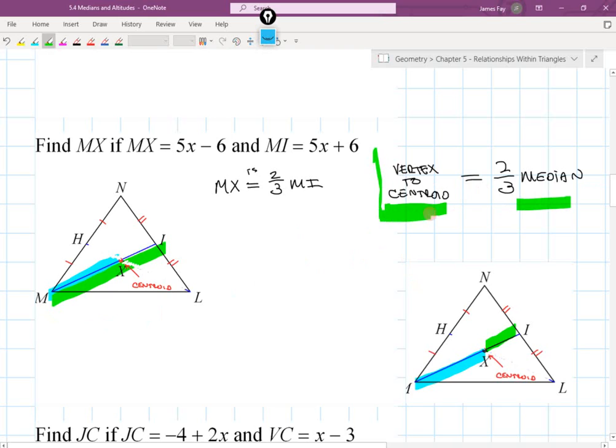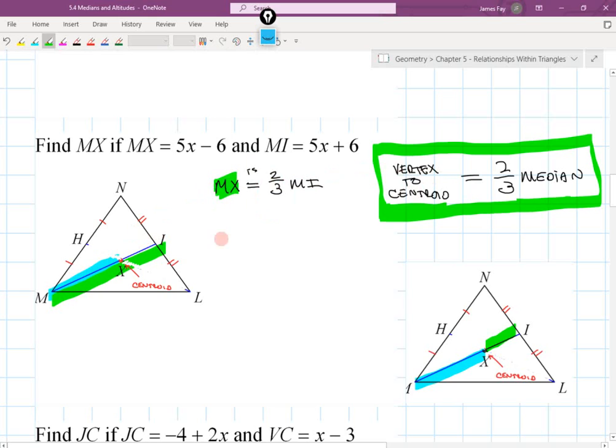So I know for this particular problem, I'm going to use that formula. MX, vertex to centroid, is equal to 2/3, and what's my median in this situation? The median, they're saying, is MI. Does that make sense to everybody?